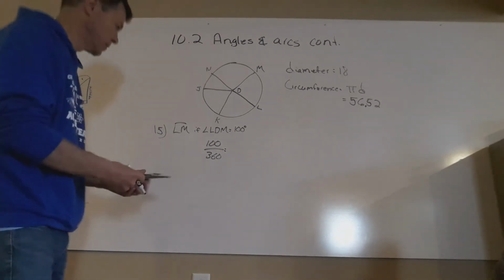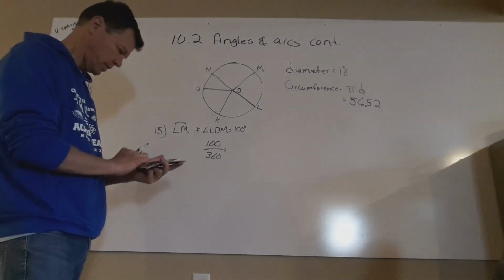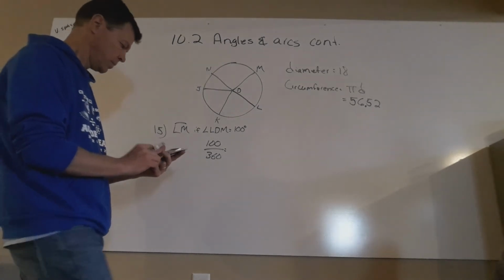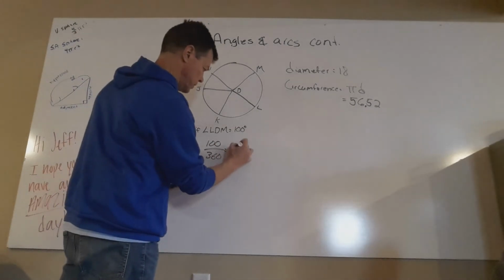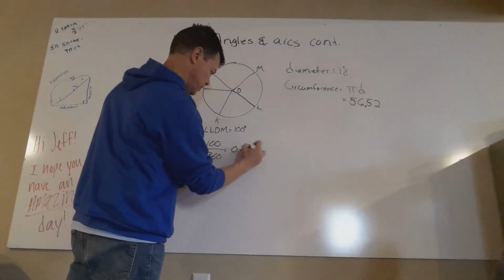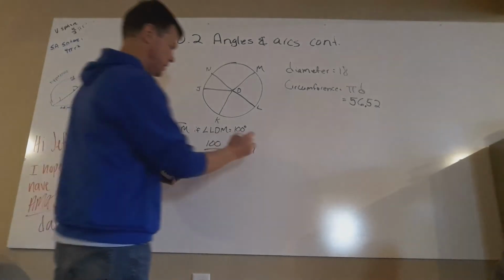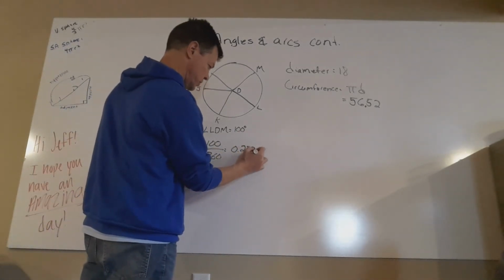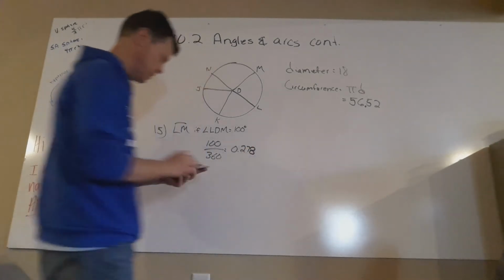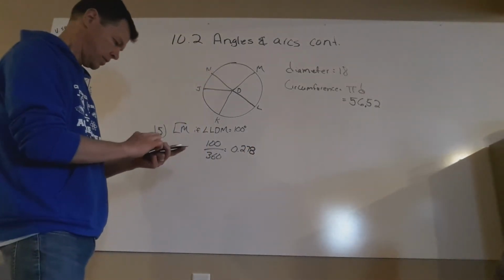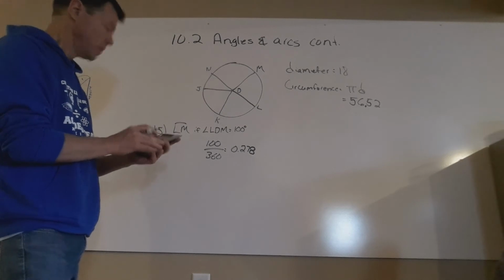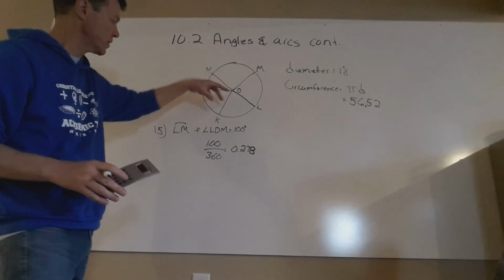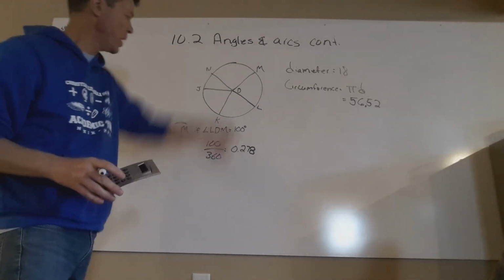You end up with 0.277, and it's repeating. So I'm going to just round it to 0.278. All right, that is the portion of the circle that is this ML.